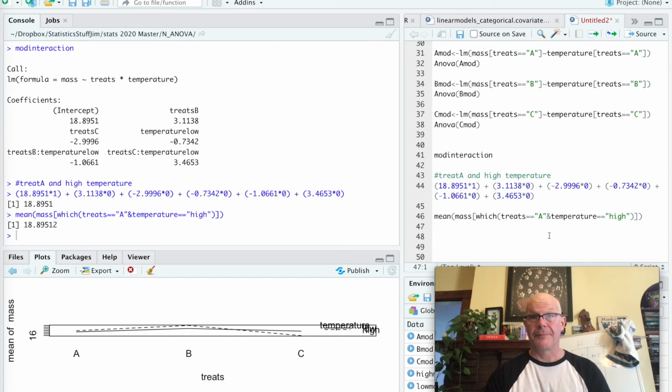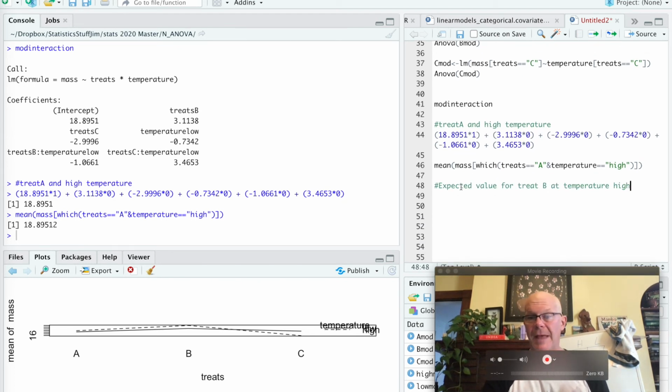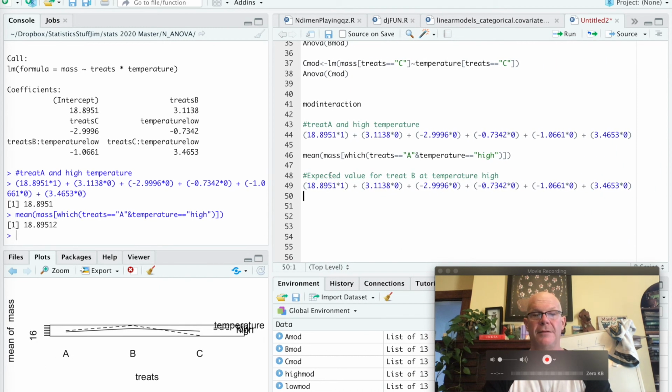That's pretty cool. So let's just do another one, kind of playing around with the dummy coding and how it works. Let's pretend that you're in treatment B at a high temperature. So we can go back, let's take our default model, because everyone is going to start off as an individual in treatment A at a high temperature. Whereas now I want to know what's the expected value if you are in treatment B at a high temperature.